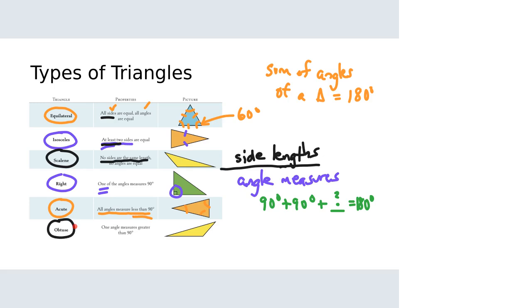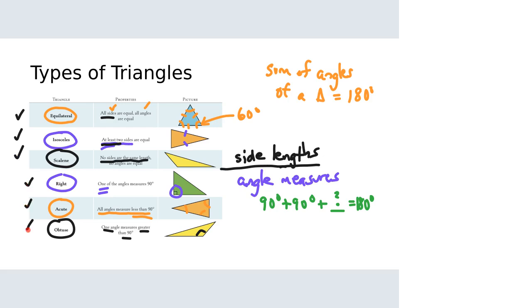Finally, an obtuse triangle is we have one angle that's greater than 90, like this one right here. That's bigger than 90. That makes for an obtuse triangle. It's an obtuse angle, and it makes an obtuse triangle. So we can categorize these triangles based on side lengths and also based on angle measures.